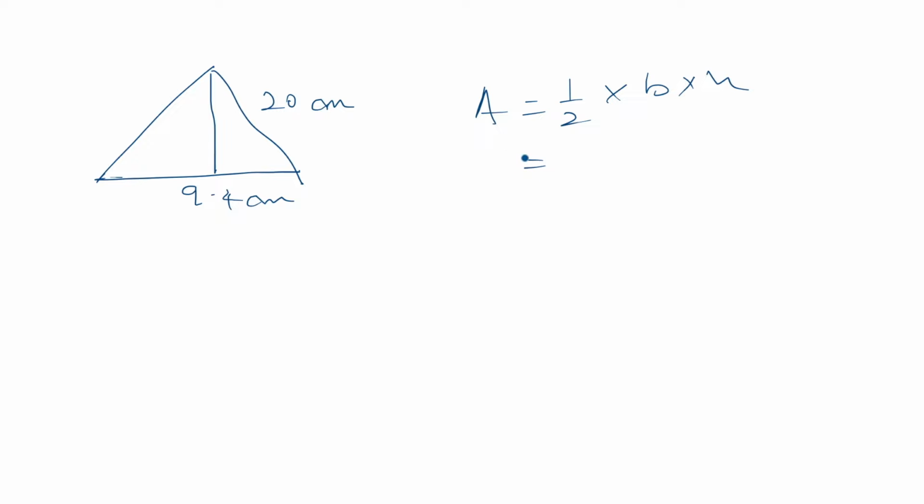By now you should know this is the formula for triangle, right? So it's half times 20 centimeter times 9.4 centimeter. Write in your unit as well. Just do some simple calculation.